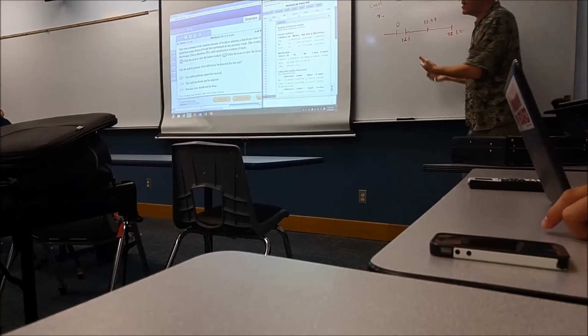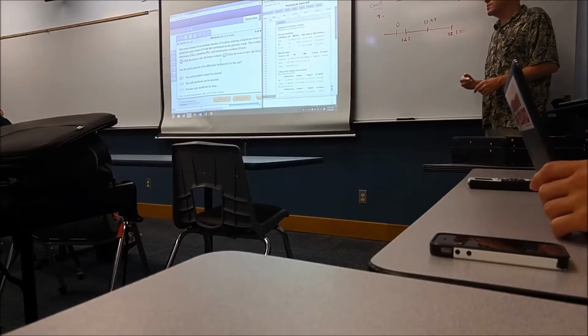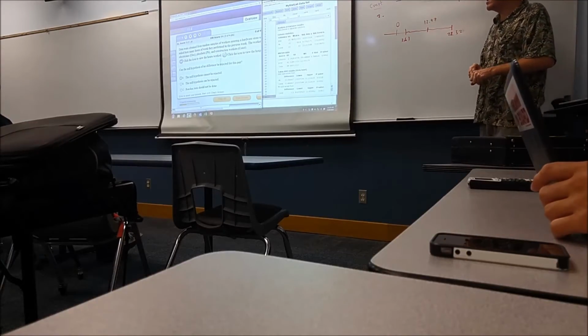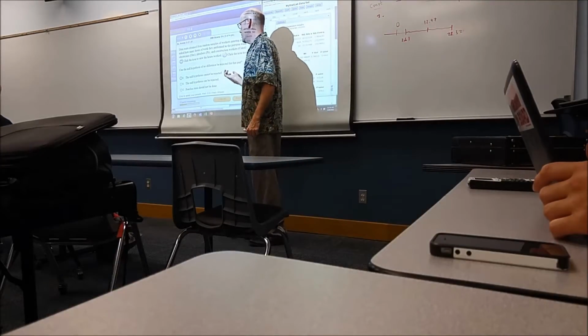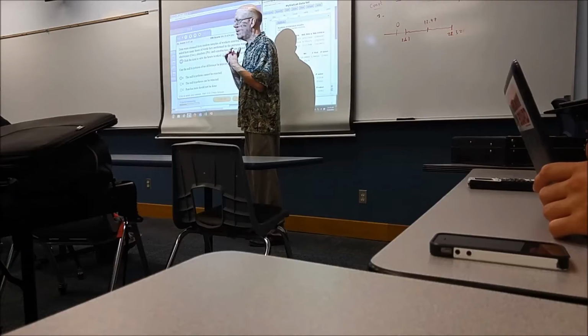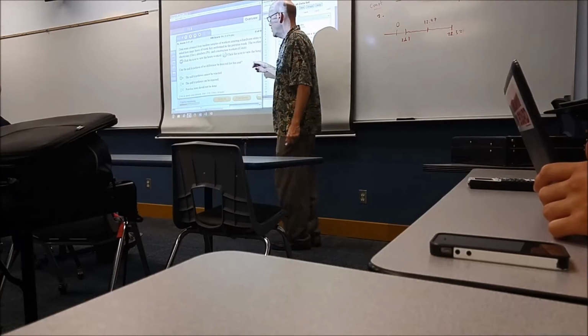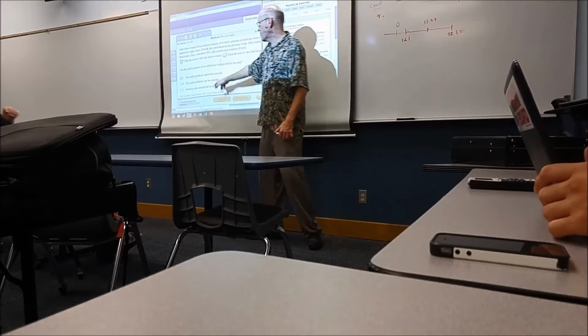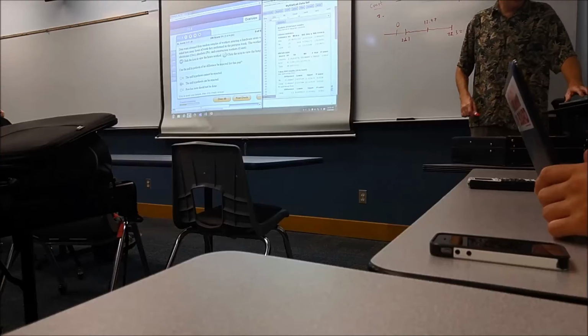But if 0's outside the interval, then they are significantly different. The null hypothesis means that they're the same. But this is saying they're significantly different. So the null hypothesis can be rejected in this case. So you're going to go with it can be rejected.